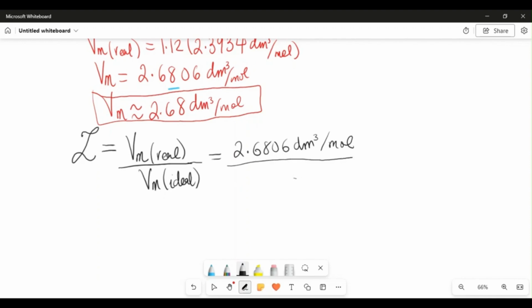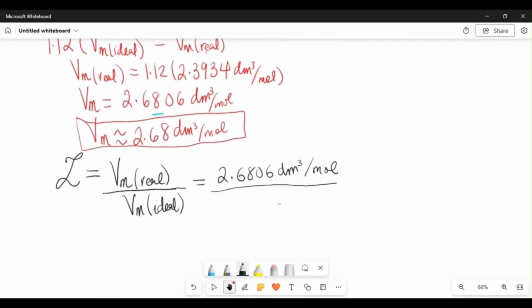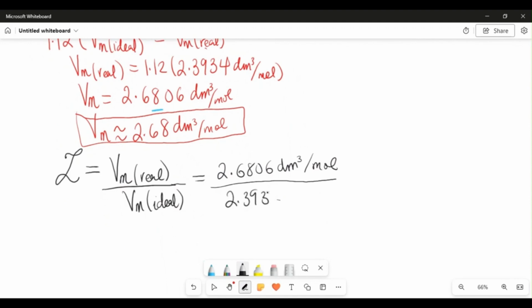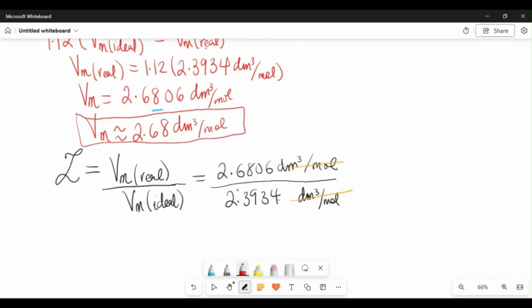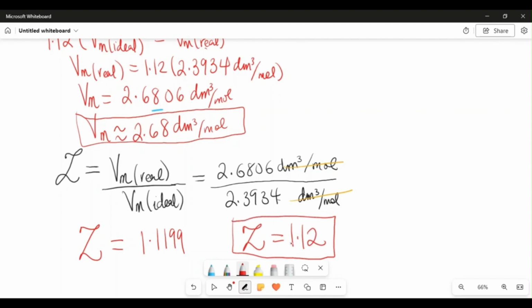Divided by the molar volume of the ideal gas that we solved earlier, 2.3934 dm cubed per mole, the units cancel out. 2.6806 divided by 2.3934 gives a compression factor of 1.1199. To three significant figures, the compression factor is 1.12. So that is the answer for this question.